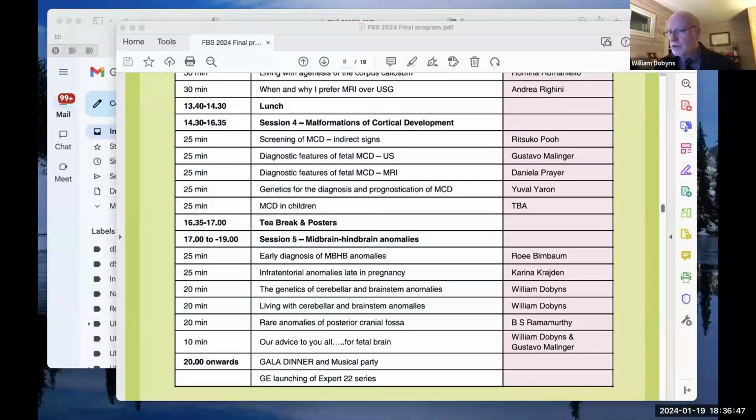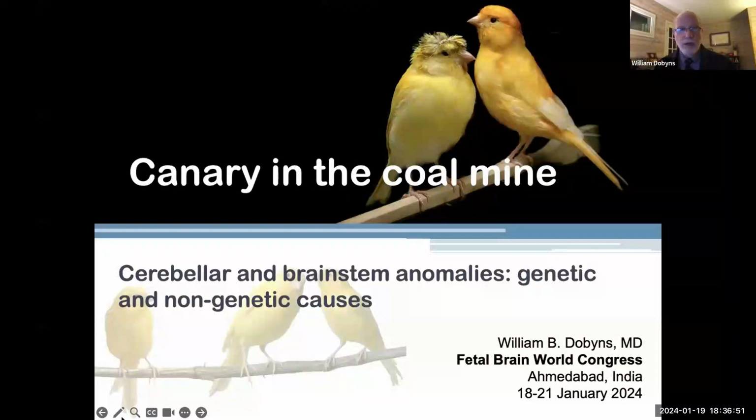Can you see the screen? Can everybody see this now? Yes, we can see your screen, please. All right, and so this should be the screen with just the slides. That's perfect.